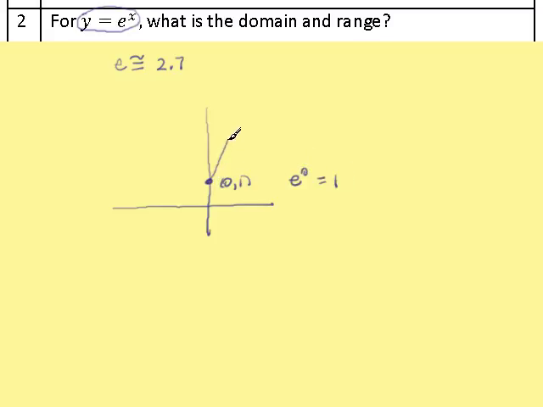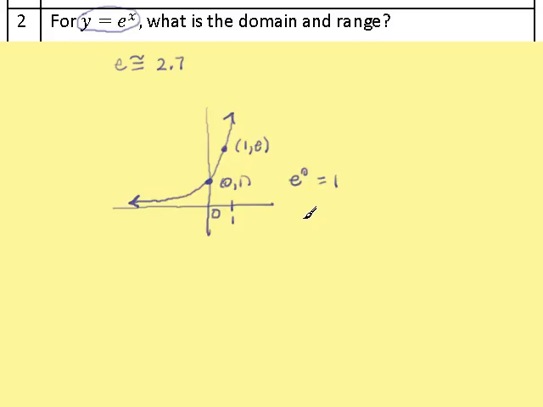And it's going to increase pretty quickly on the right. And on the left, it goes down and gets closer and closer to the x-axis. So we have a horizontal asymptote here. If we want to put in another point, say when x is equal to 1, y is equal to e to the 1. So the graph also goes to the point 1, e.